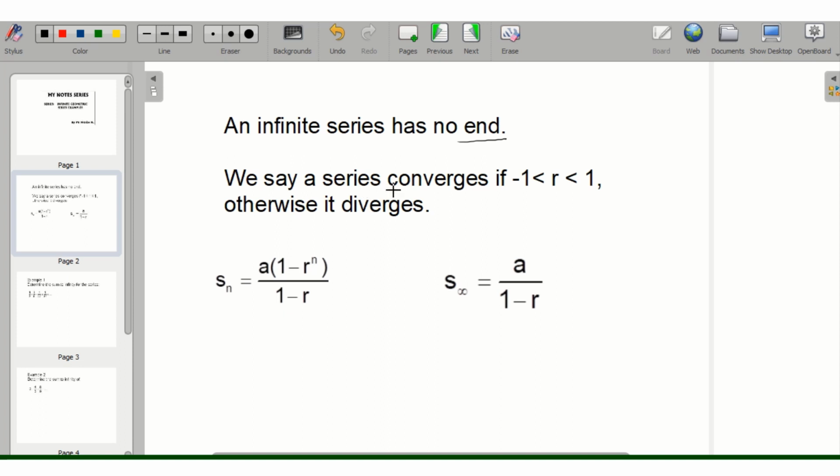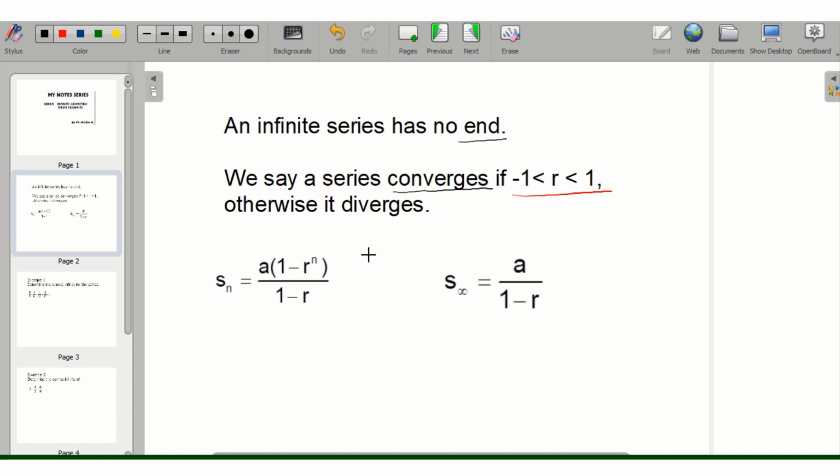And specifically in this video, we are going to be talking about a converging series. And I'll just highlight this in red. So this is the condition for convergence to occur.